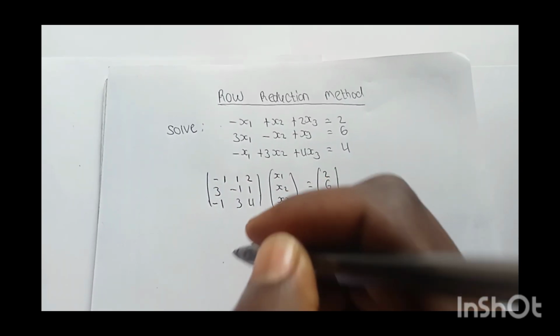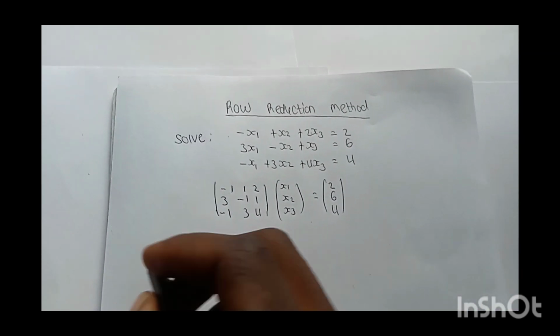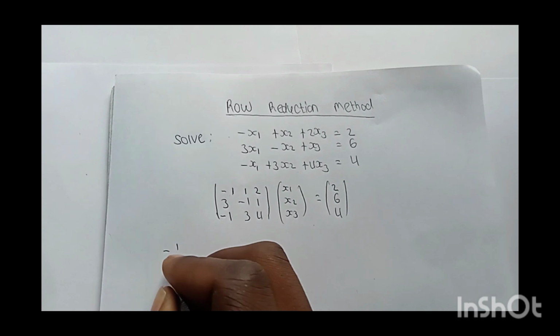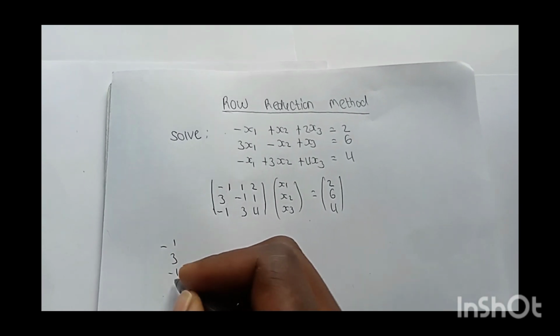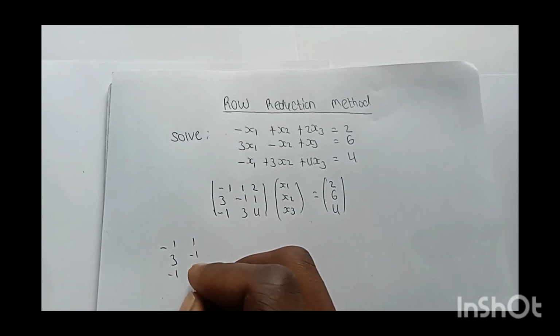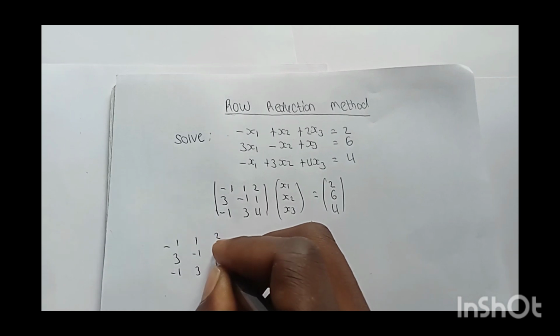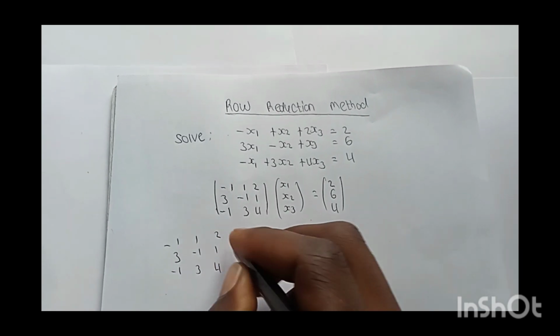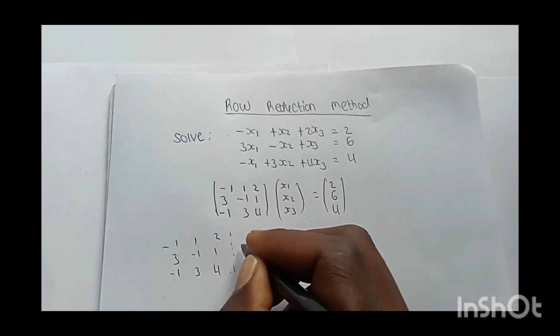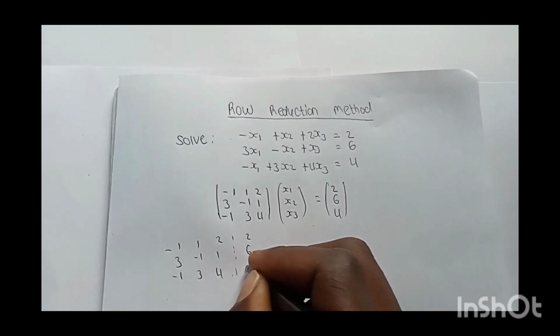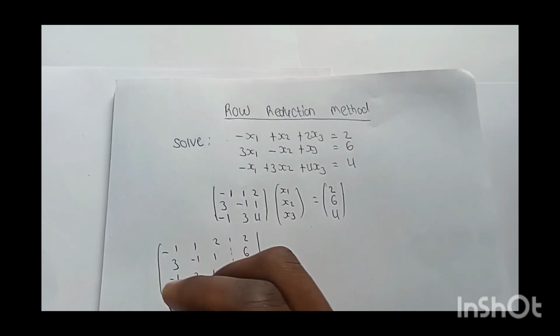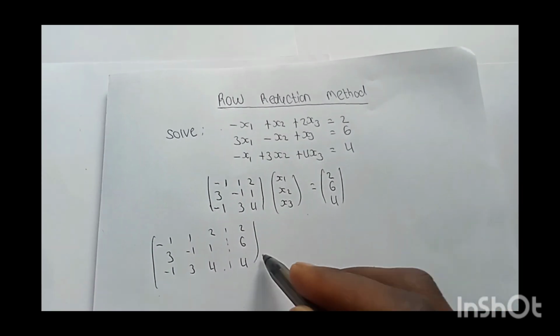So the next step is writing it into augmented form. In augmented form, it will be -1, 1, 2, 3, -1, 1, -1, 3, 4, and 2, 6, 4. So in augmented form, it will be like this one.